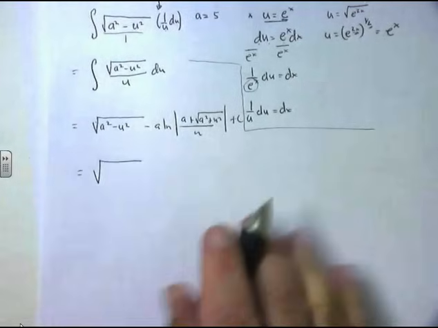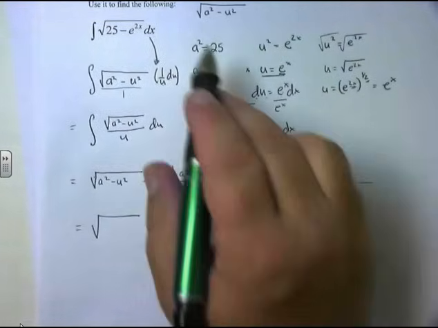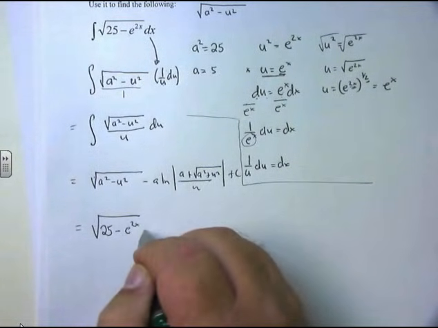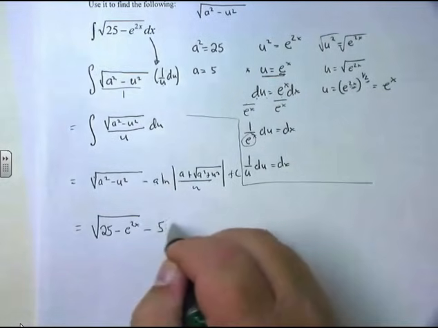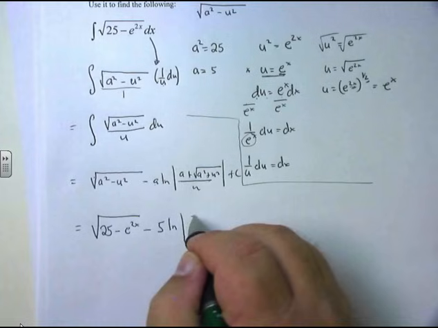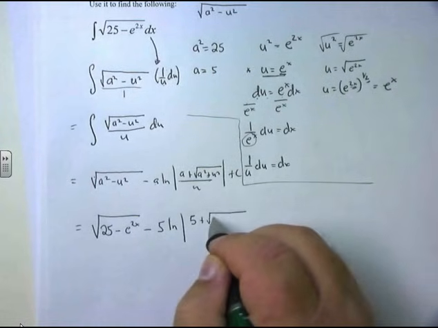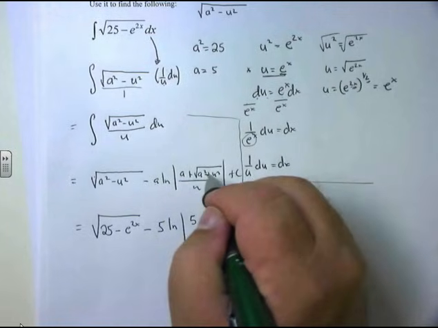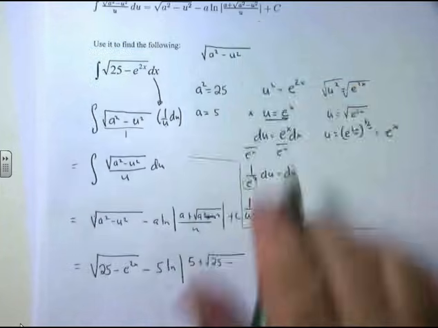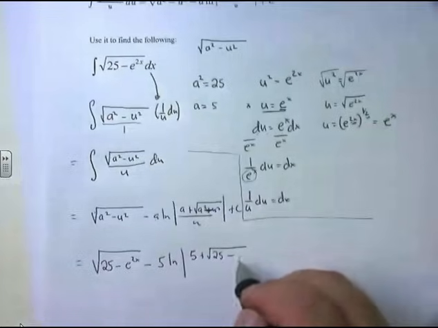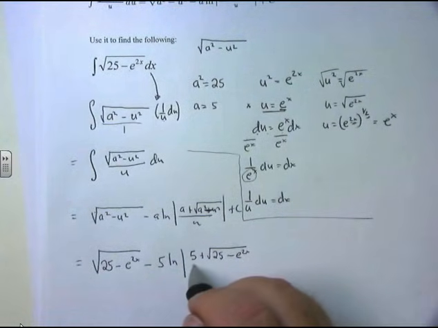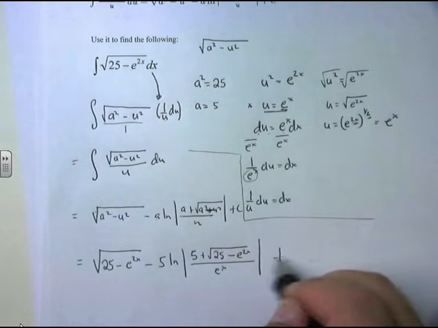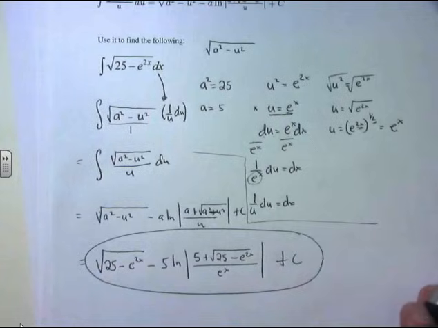So this will be the square root of, and what was a squared? a squared was 25, minus u squared, which is e to the 2x, minus a, which was 5, times the natural log of the absolute value of a, which is 5, plus the square root of a squared, which is 25, minus u squared, again copying it from my formula up here, which is e to the 2x, all over u, which is e to the x, close absolute value, plus c, and there's my solution.